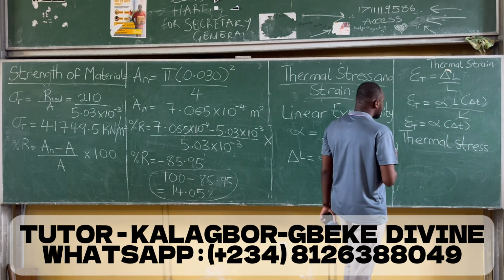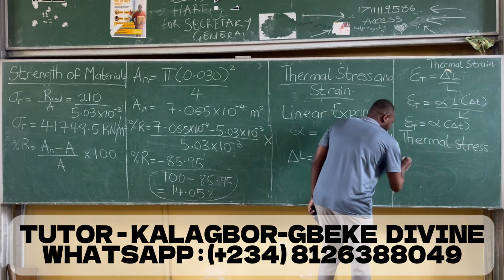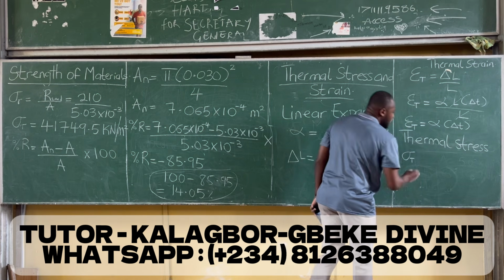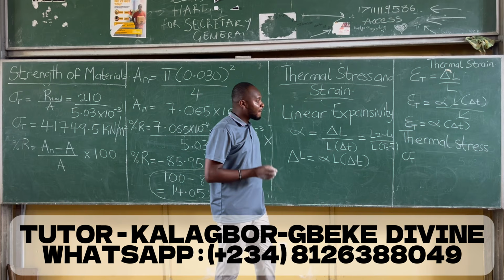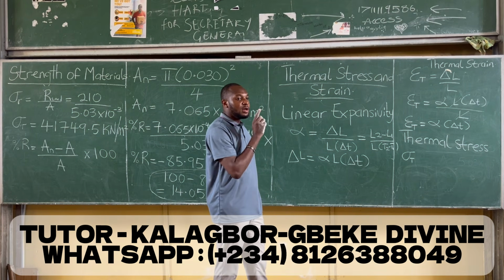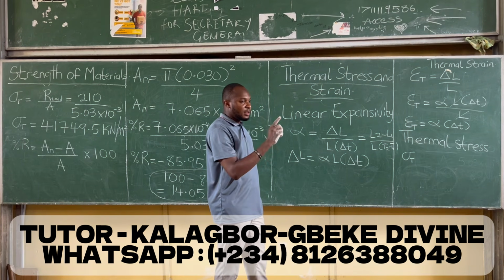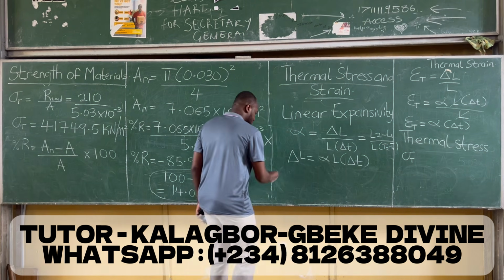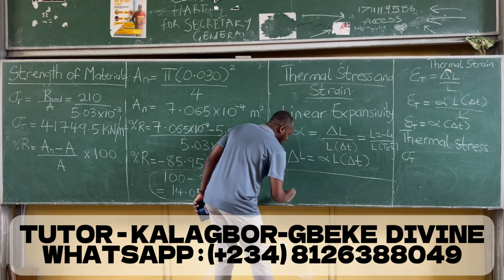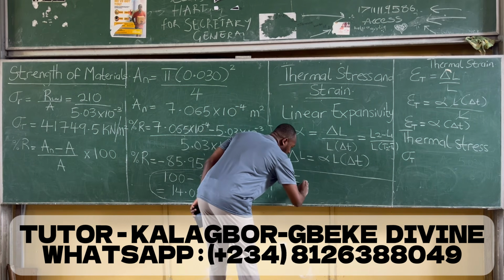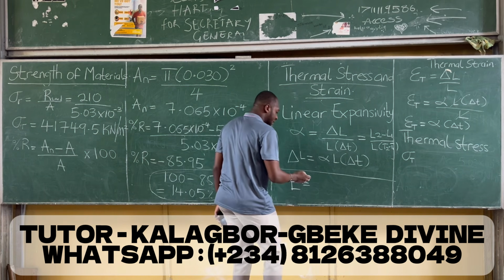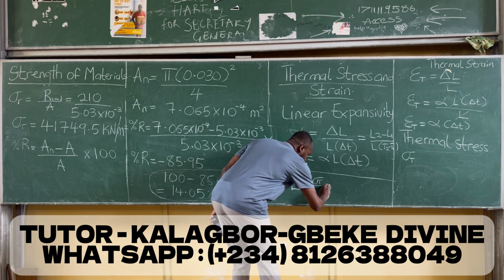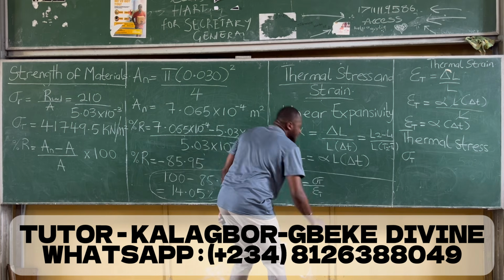First of all, stress is written as sigma, so thermal stress is sigma T. And we know the relationship between Young modulus and stress and strain. Young modulus E is equal to stress over strain, that's sigma T, thermal stress, over epsilon T, thermal strain.